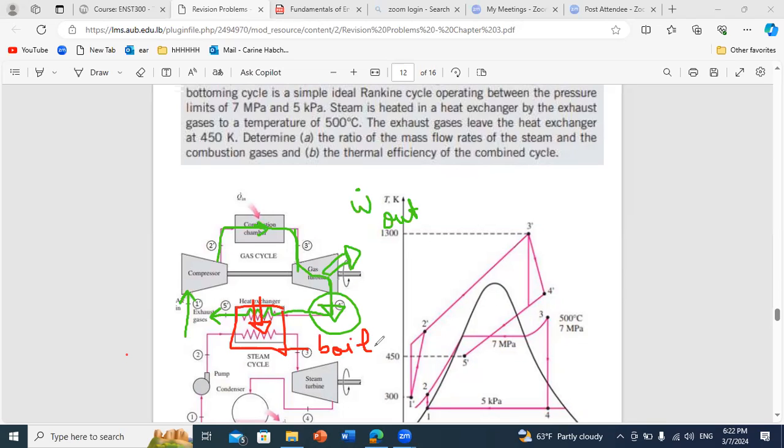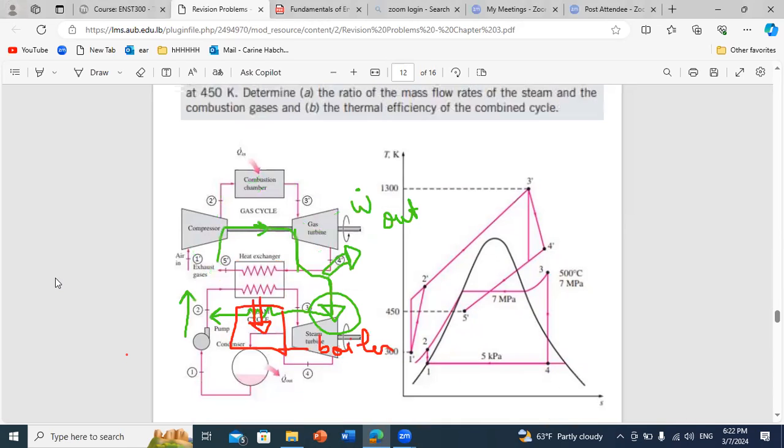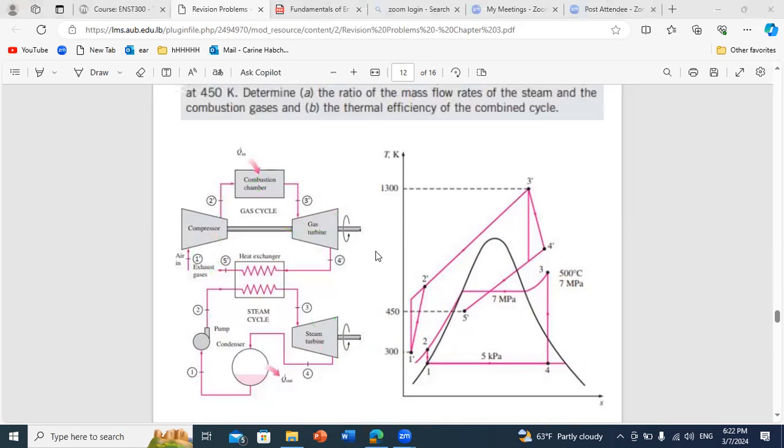So by just combining an open cycle, which is called Brayton cycle, and a closed one, which is the Rankine cycle, we can enhance the efficiency of both a lot, because instead of losing energy, we can use some of this lost energy to drive another cycle. So no need to put a boiler here anymore, and there is no Q dot in here. Completely, you will give heat from the exhaust gases to the steam.